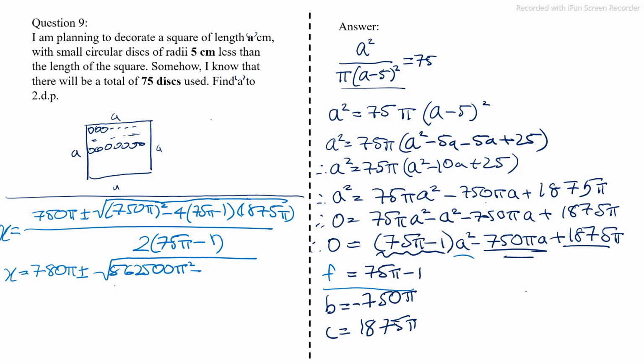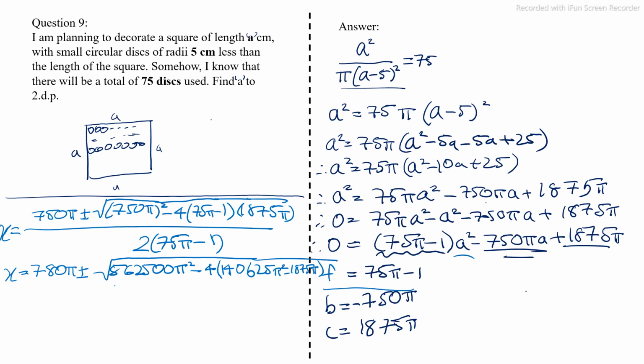If you evaluate, that's 1875 times 75, 140625. 4 times 140625 pi squared minus 1875 pi.